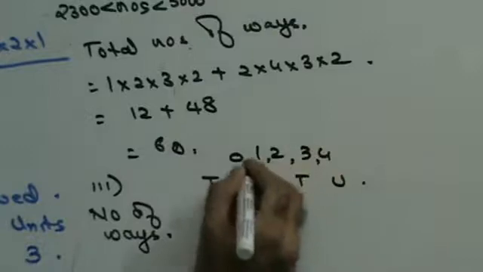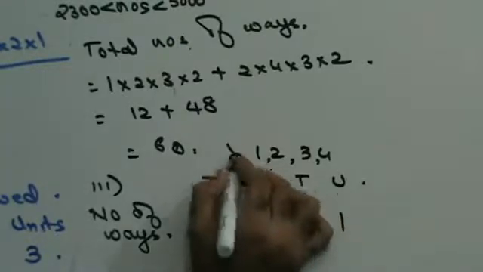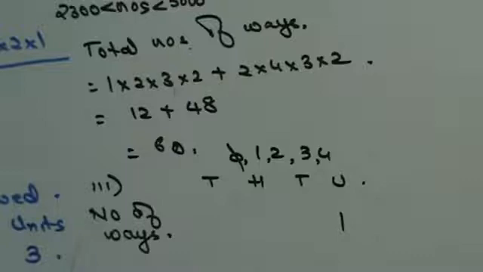These are my alternatives. If I want to make the number divisible by 5, what should I put in the units place? 0. There is only one alternative in which the units place can be filled. If I put 0 in the units place, only then will the number be divisible by 5.